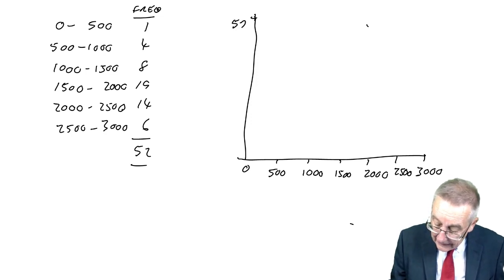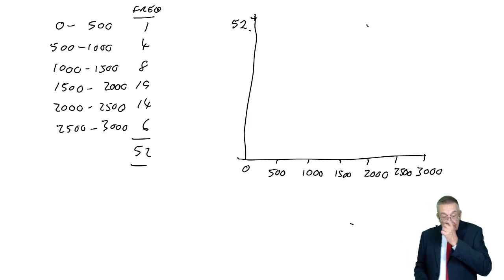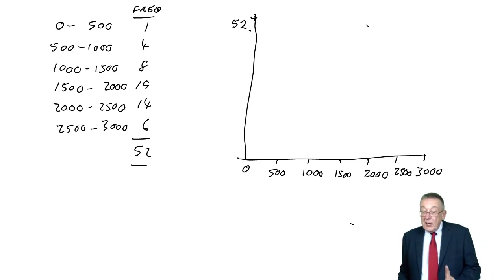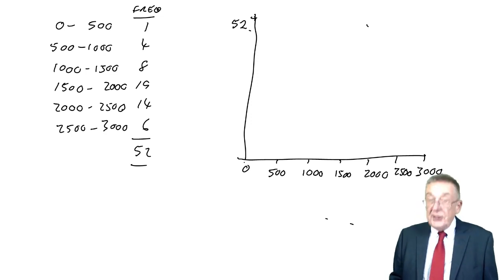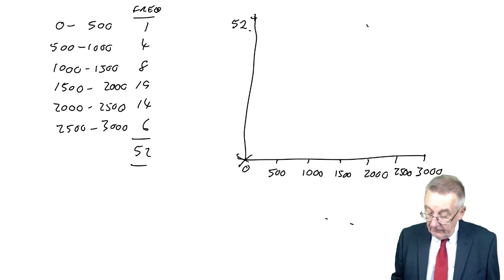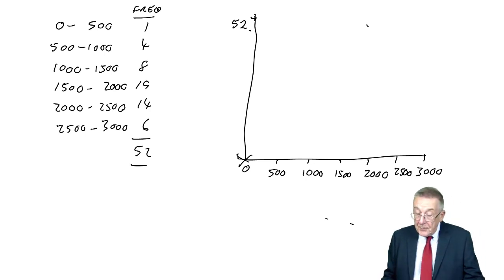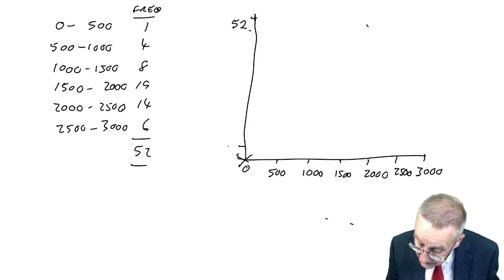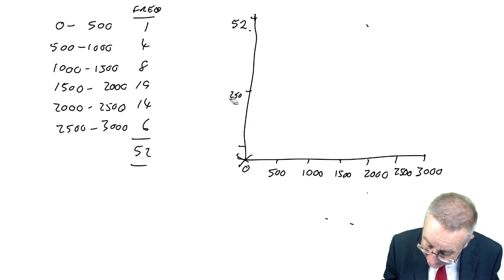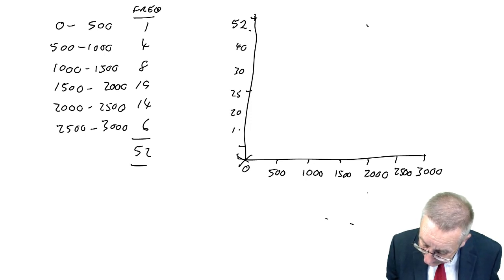And what we do is this. We say, okay, how many people earned 0? That's where we start. How many people earned up to 500? Well, one person. So I will split this up. There's about 25, 30, 40, 20, 10.